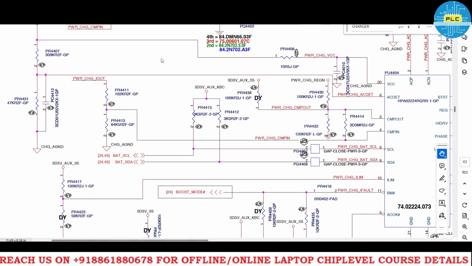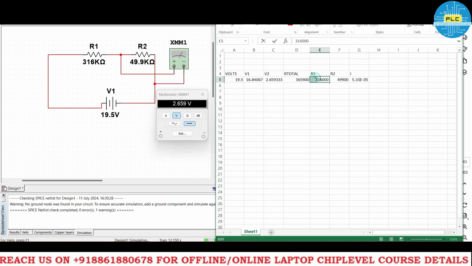See, in this one, here 309K and here 47.2K. R1 is 309K, R2 is 47.2K. Okay. Now what is the result here? 2.58.